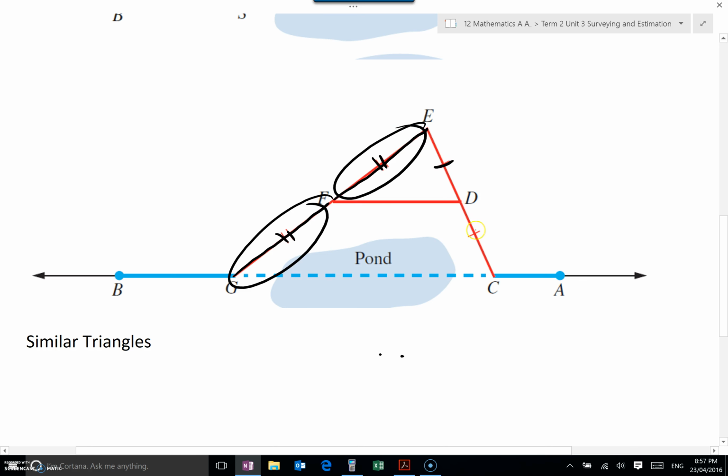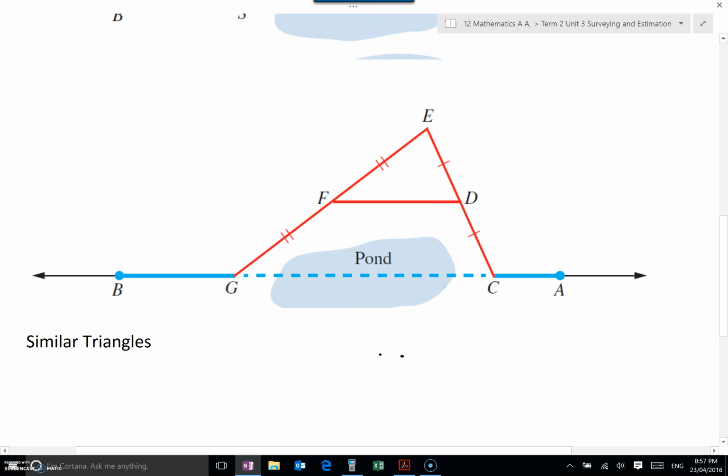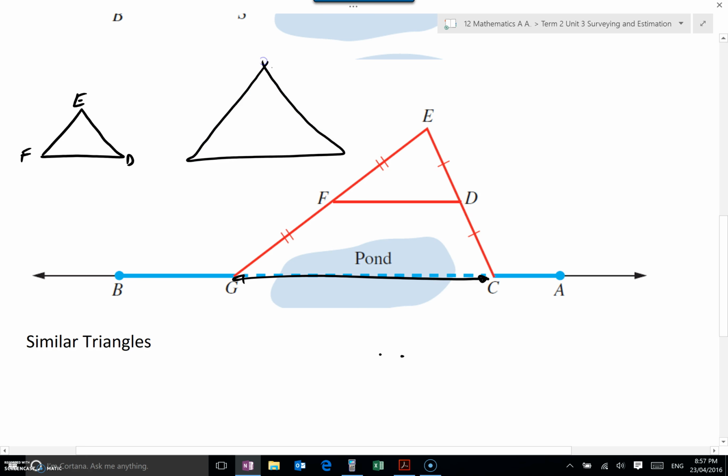Similarly, over here with a single line, means that these two distances are equal. How does this help us find the distance between G and C? Well, I have two triangles. One is EFD, the small one, and then I have the big triangle EGC.